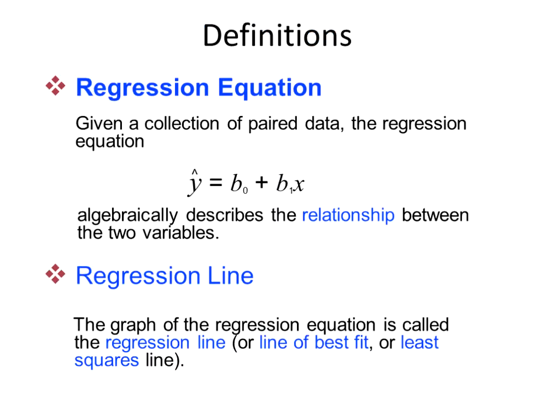That's your slope. All right, so again, this is just what I've already talked about: that regression equation algebraically describes the relationship between the two variables, and that regression line is the line on your graph that goes through the points. It's also called the line of best fit.